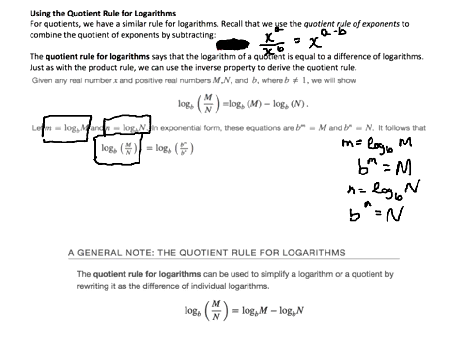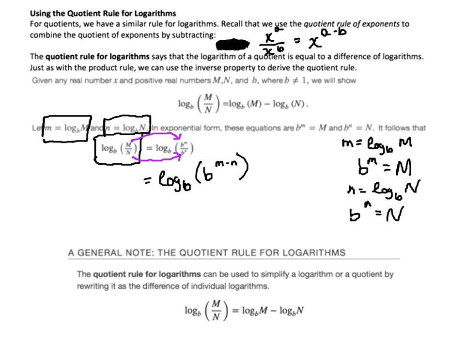So if I start out with log base b of capital M divided by capital N, I can replace my M and my N with b to the m and b to the n. Okay? And now I can use my exponent rule to say that's got to be the same thing as log base b of b to the m minus n.